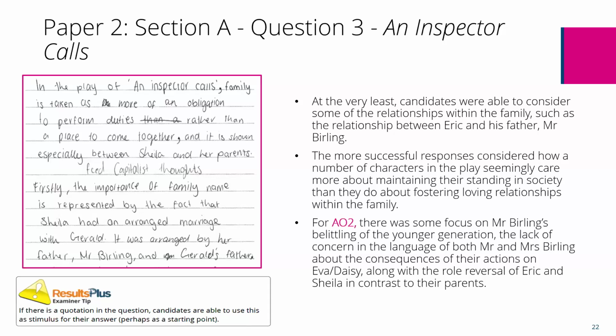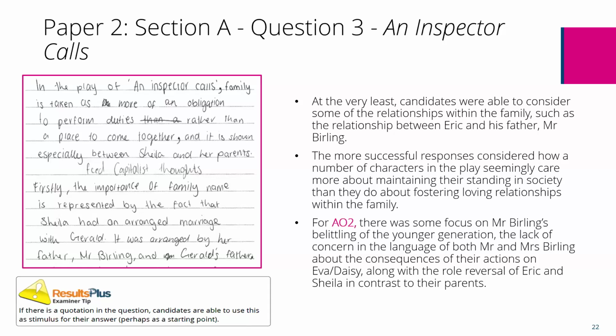At the very least, candidates were able to consider some of the relationships within the family, such as the relationship between Eric and his father, Mr. Birling. And of course, that's a very obvious one, isn't it? That he's not the kind of father somebody can talk to. A very good quotation for students to have used in this question.